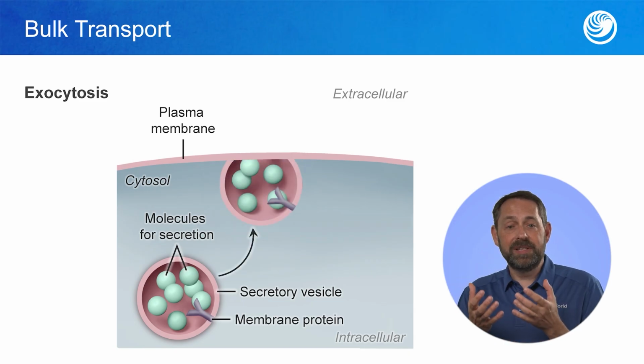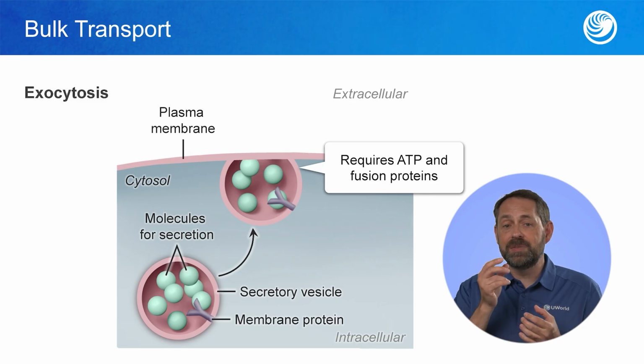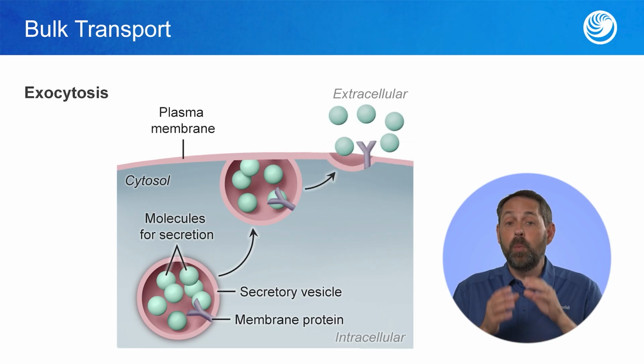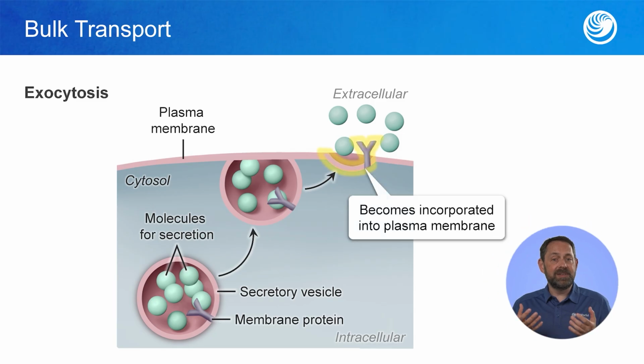The secretory vesicle then fuses with the plasma membrane in a process that requires ATP and specialized fusion proteins. Once fusion occurs, the vesicle's contents are discharged into the extracellular space, and the vesicle membrane, including any proteins or lipids it contains, becomes incorporated into the plasma membrane.